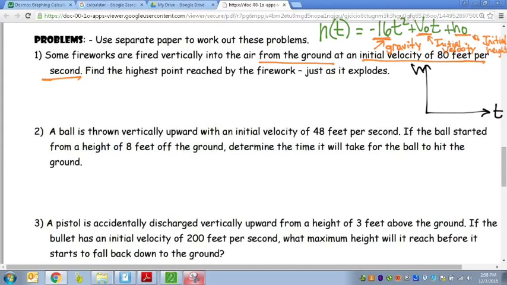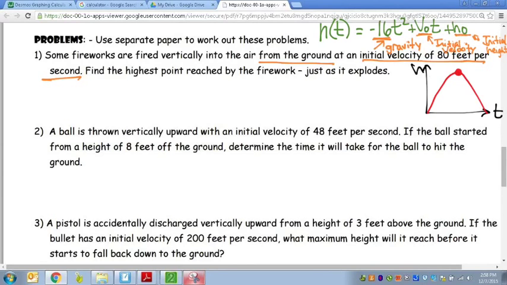So actually what we're working with here is a parabola. The object is going to go fast, and then it's going to curve a little bit, and start to come back down the other way. So this is the model that we're working with here.